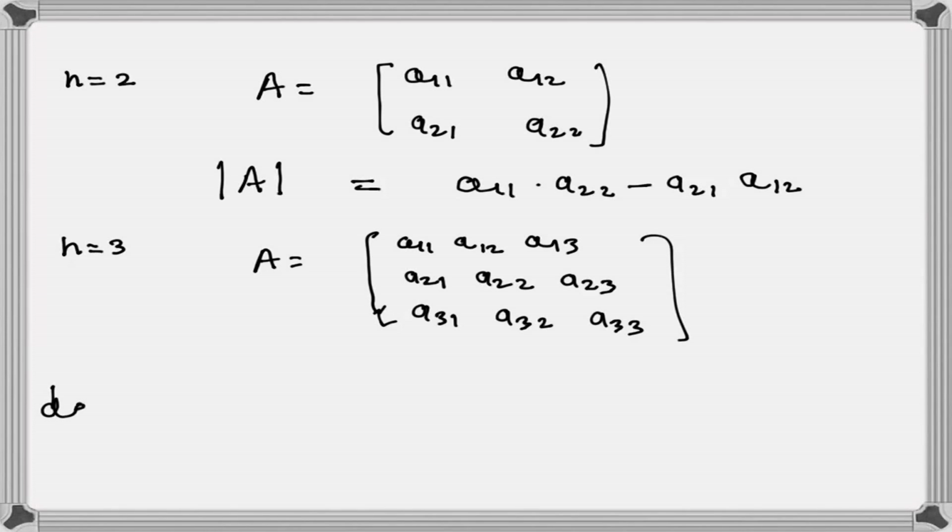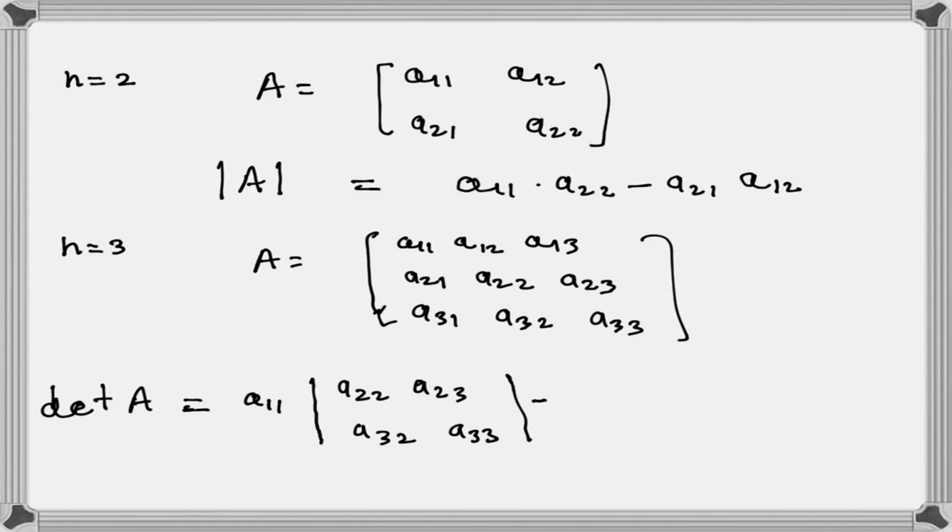I will use both notations, either A with two parallel lines or just det A. We take the first row and the first element a11, then we get the submatrix by deleting the first row and first column, and calculate its determinant: a22, a23, a32, a33.